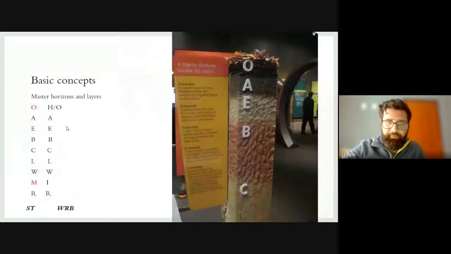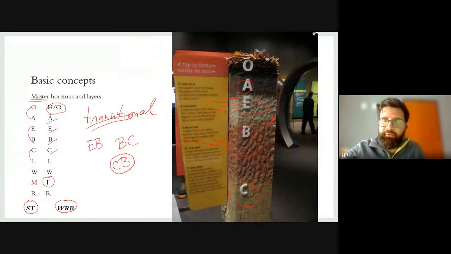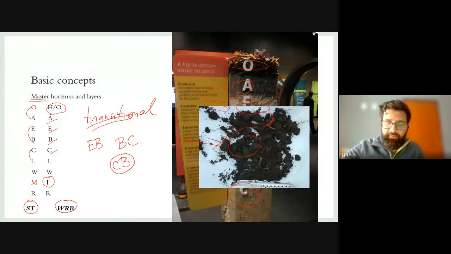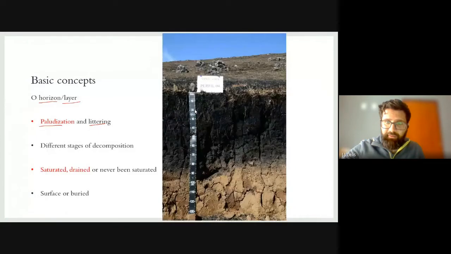Oh, I'm sorry. Here, it's just an O layer. So this is an O layer, and this is an O horizon. We can see the cracks, and consequently we can see the peds.